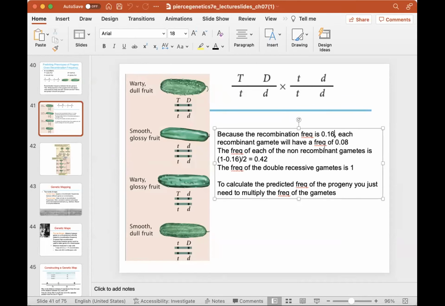Yes, but you're saying the gametes are looked at as A and T and then C and G? Wait, sorry, can you say that again?